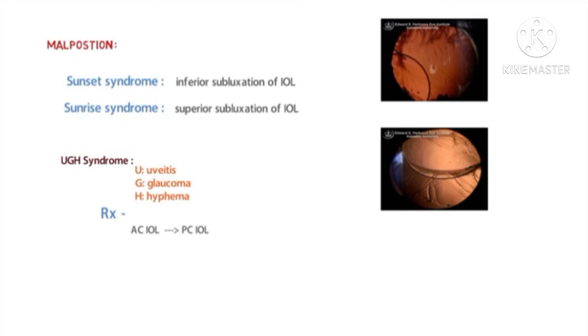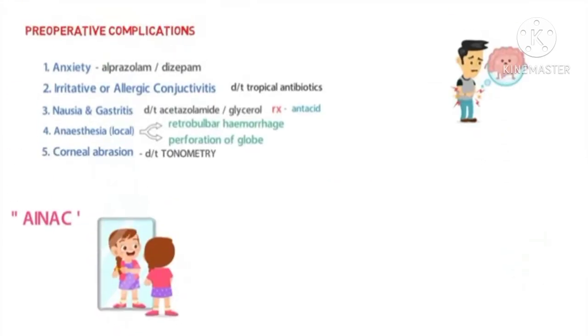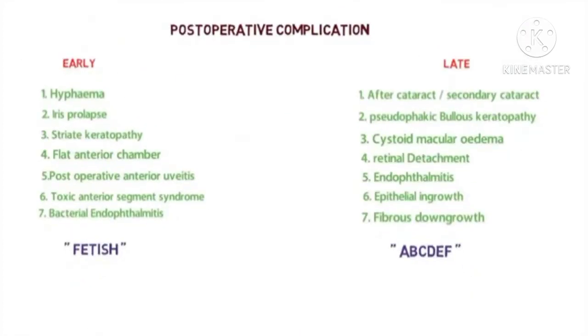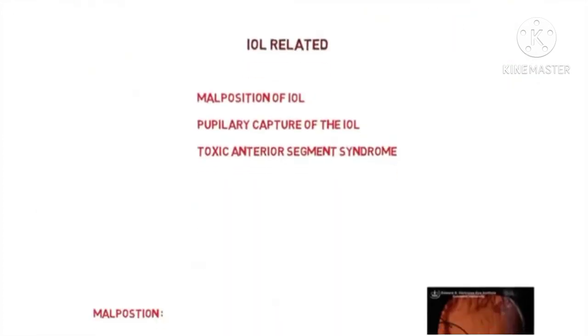Okay, so this is all about the complications of cataract surgery, in which we first discussed preoperative complications. After that, we discussed operative complications, there are 12 points. Then we discussed post-operative complications, early and late, with the simple mnemonics PETIS and ABCDEF. Both have 7 points.